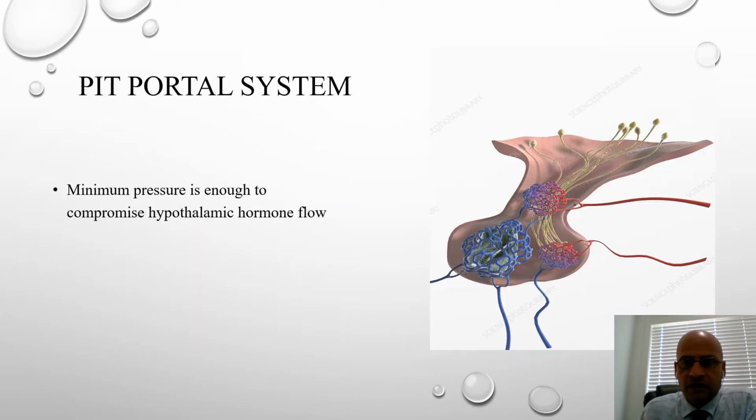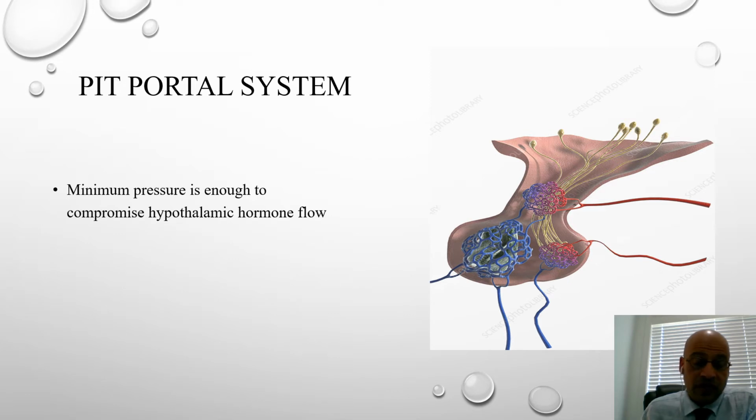Another slide I thought it's worthwhile running through is the portal system. By definition, a portal venous system is as opposed to a conventional venous system. By definition, the portal system connects two arterial systems.